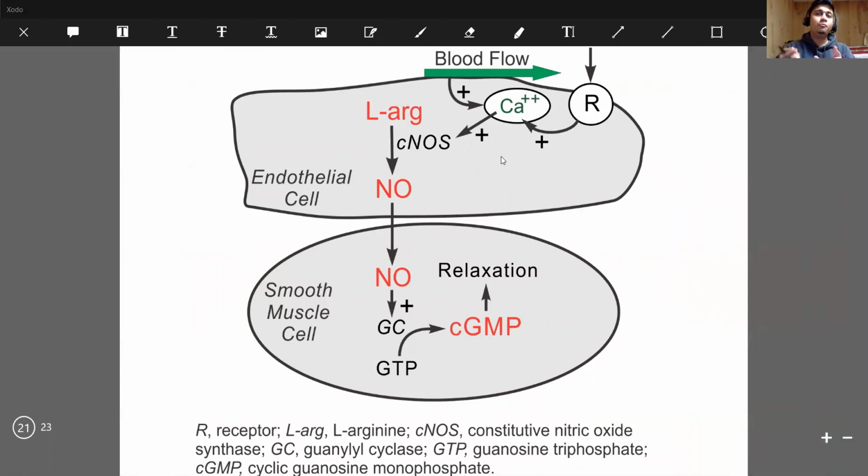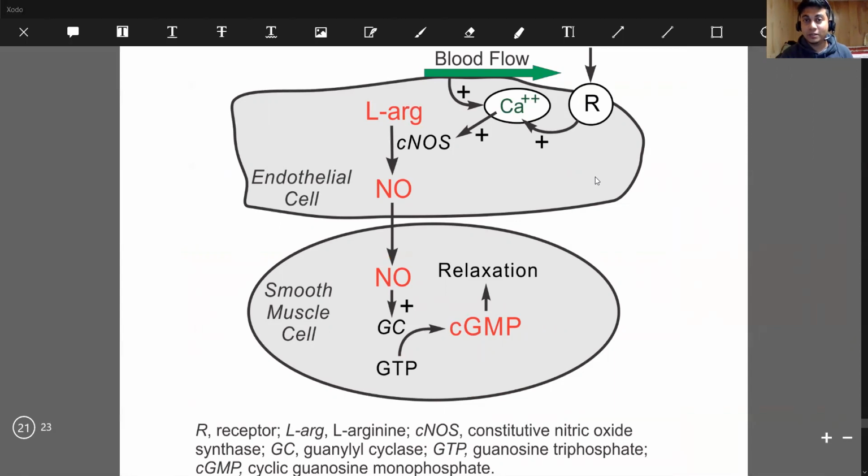It directly works on the enzyme. It directly stimulates the enzyme, the guanylyl cyclase. It has no receptor on the cell surface, which means it will not bind to a cell surface receptor. It goes inside the cell and stimulates the enzyme guanylyl cyclase. It has no receptor. The nitric oxide directly goes inside and binds and stimulates the guanylyl cyclase.